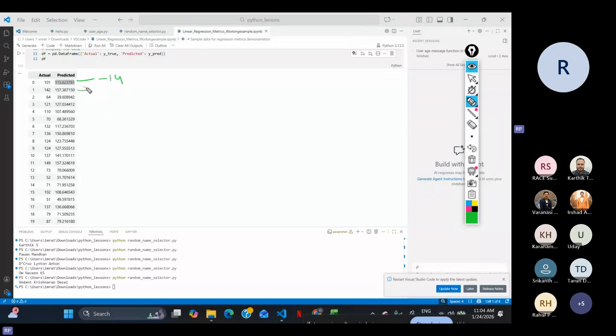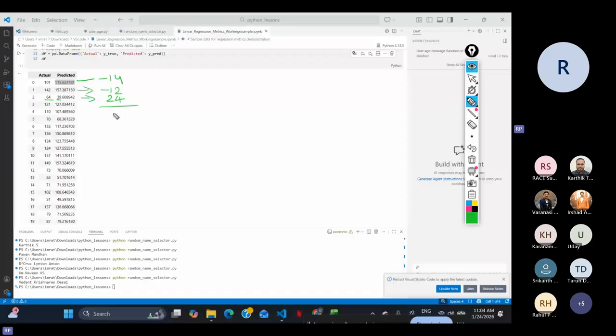What is the error over here, people? Minus 12, for example. What is the error over here? 64, 39, or let's say 40. So this will be 24, actual minus predicted, right? So if I just do this math, which is minus 26 and 24, if I just add up all the errors and say on average, my error is how much?